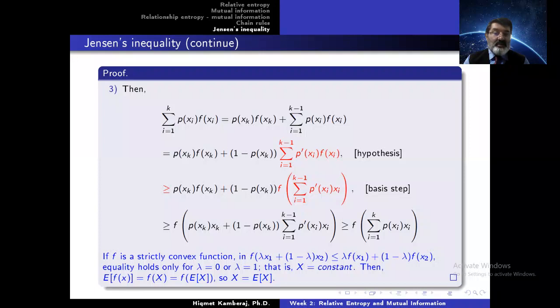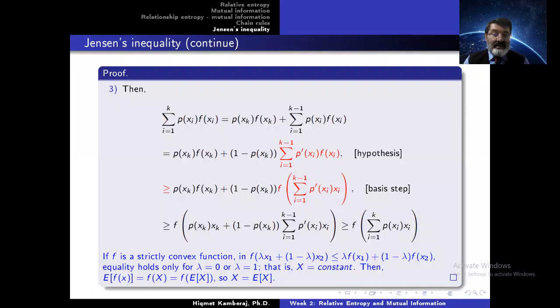This means a 2-point mass distribution, where one is p of xk and the other is 1 minus p of xk. Then I have f at xk, then I have f at the sum of i from 1 to k minus 1, p prime of xi times xi.